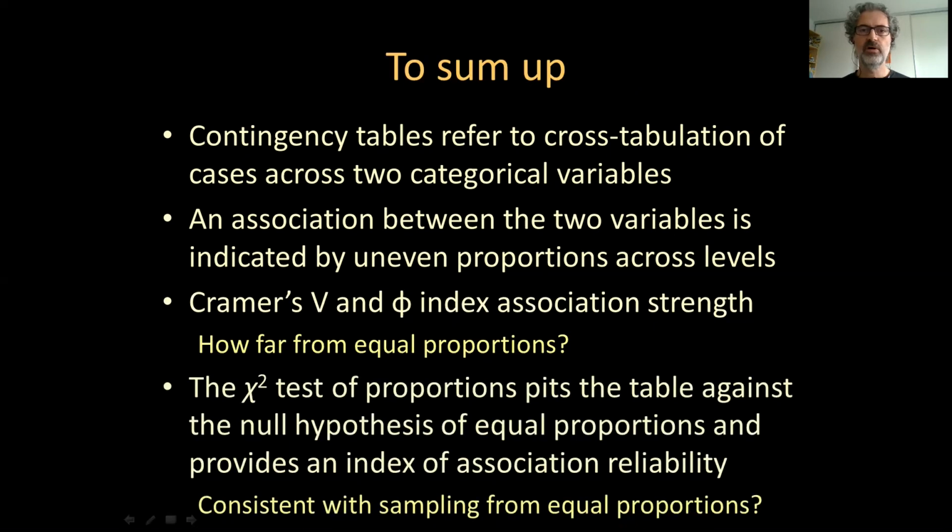So if you have a small sample, it is possible to have very unequal proportions and still be consistent with sampling from equal proportions. So extreme samples, non-representative samples, are more likely when they're small.